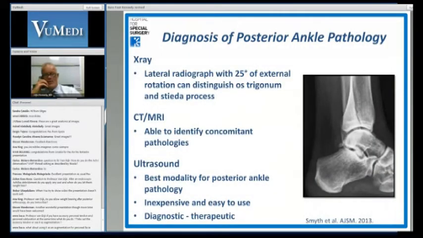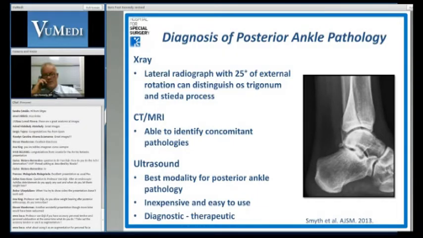So how do we diagnose it? Well, not only on clinical examination, but also by radiographic techniques. The simple sagittal or lateral X-ray will help us identify any bony pathology. And an external rotation view of 25 degrees can help us differentiate whether there's a true fracture or not through that Stieda process. CT and MRI are also useful.